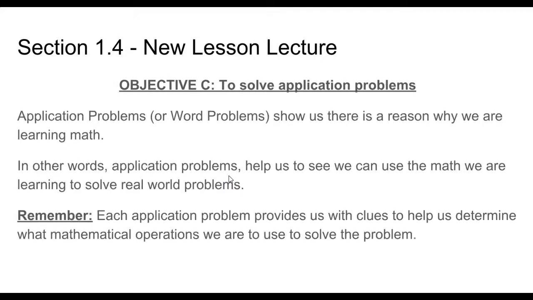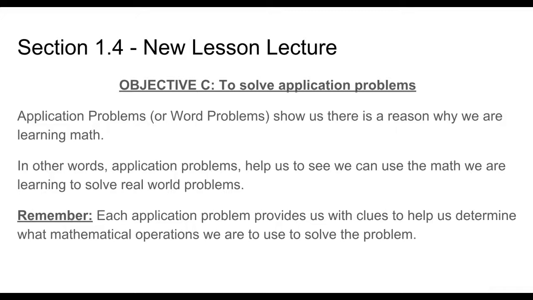Now that we've reviewed objective A and objective B, let's shoot straight to the new lesson lecture. Objective B we've just done, objective A we've just covered. Now let's do objective C, which is to solve application problems.